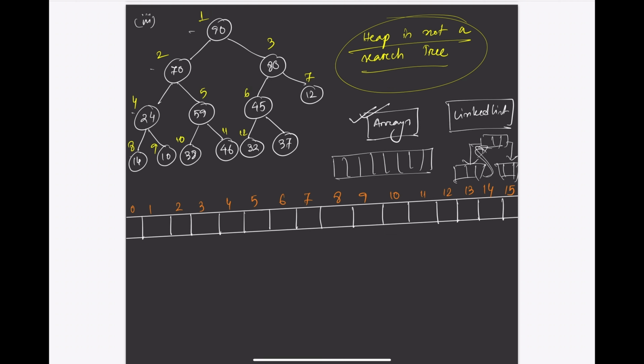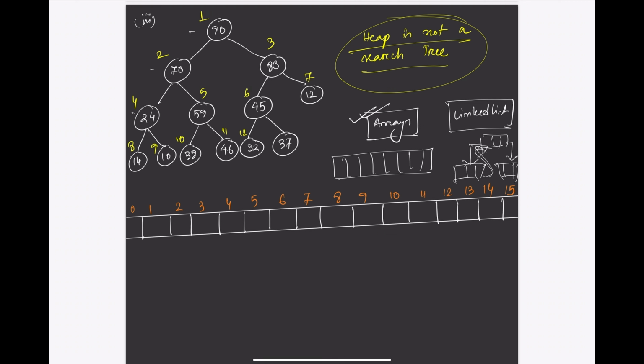Now the question comes that if I'm starting the index from 1, what will happen? Obviously the first node, if the parent is i, the left child will be 2i, and the right one will be 2i plus 1.